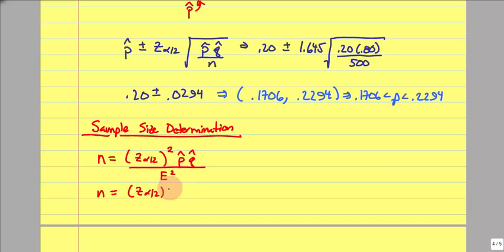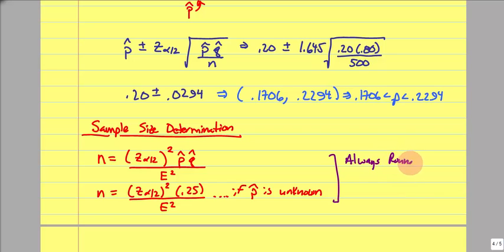So 1/2 times 1/2 is 0.25, all over E squared. And this I use if p hat is unknown. That means you don't have an estimate to go after. Now if I have an estimate for p hat, then I use the formula up here. Now my big rule for both of these: always round up.